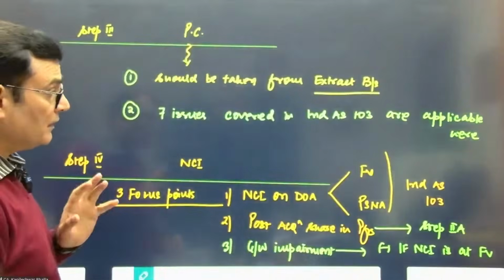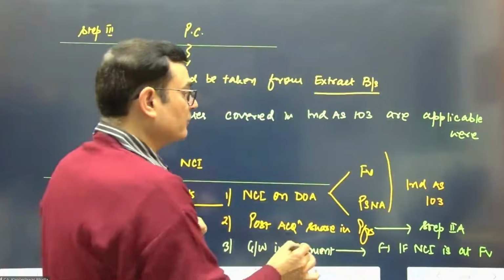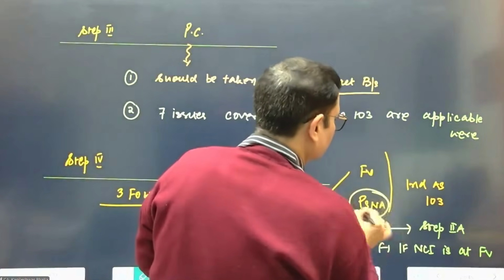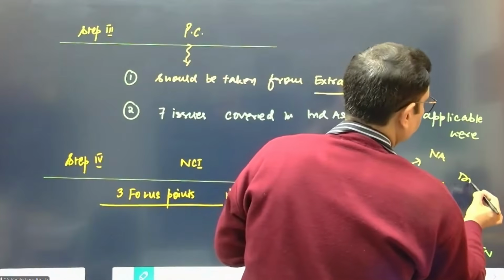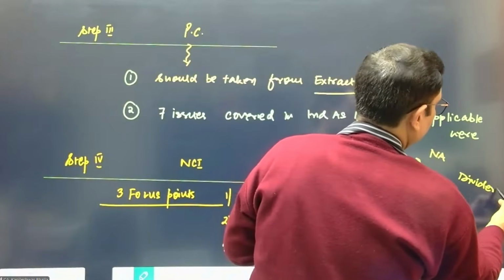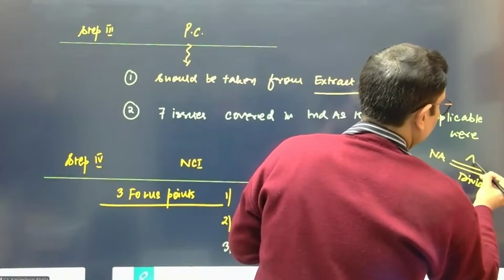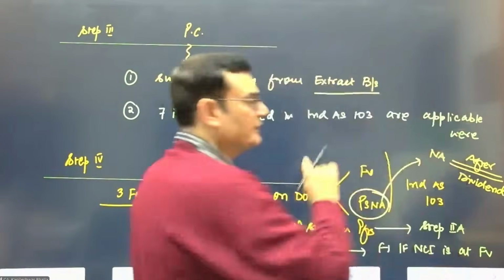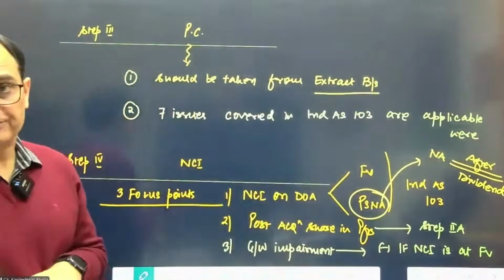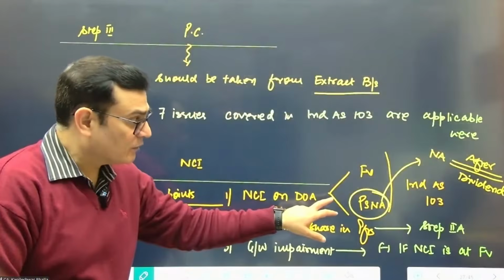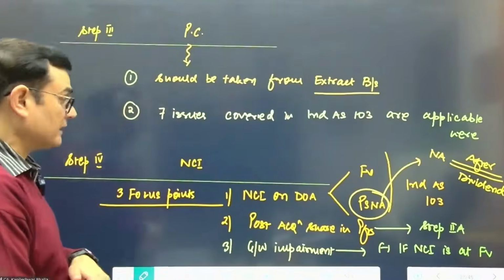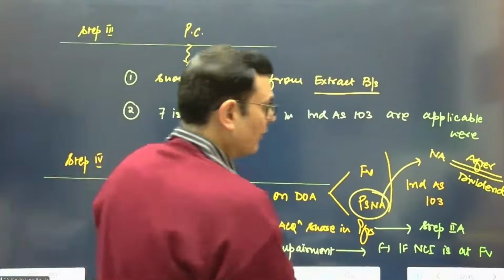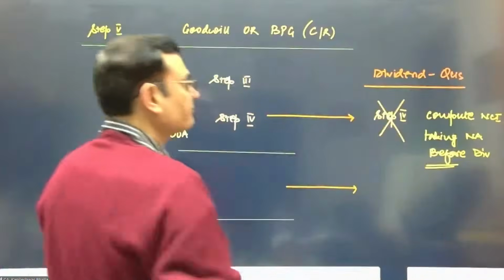So when you're going to consider the NCI on the date of acquisition, that is PASNA, this is going to consider what? Net assets after or before dividends? This is going to be after. Yes, so when you take the NCI on date of acquisition, you'll take the net assets after dividend for this particular point. Okay, so this is one input done.